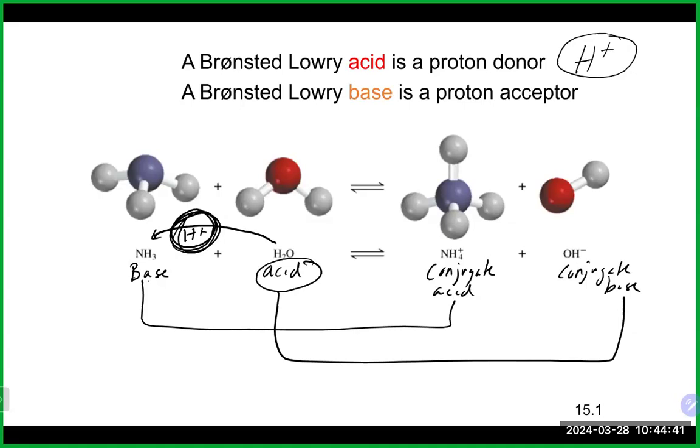So in order for things to be pairs or related to each other in the Bronsted-Lowry definition, the absolute only difference there could be is 1 H plus. If there's more than 1 H plus difference, they are not related to each other. They're not considered pairs. When we look from the base to the conjugate acid, it has one more H plus than it started with. And when we go from the acid to the conjugate base, it has one less H plus than it started with, as it obviously sent it over to our base. Any questions on that there?